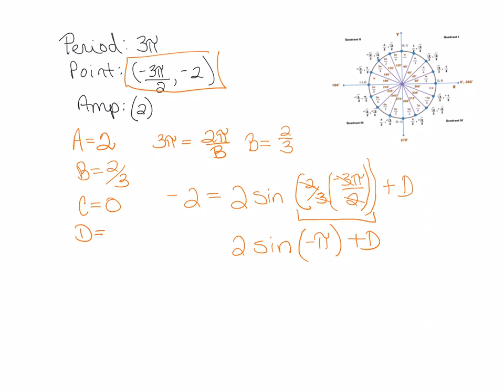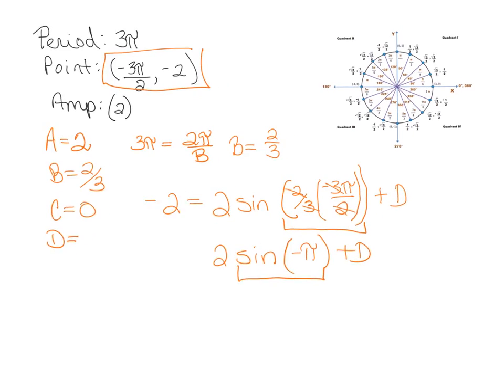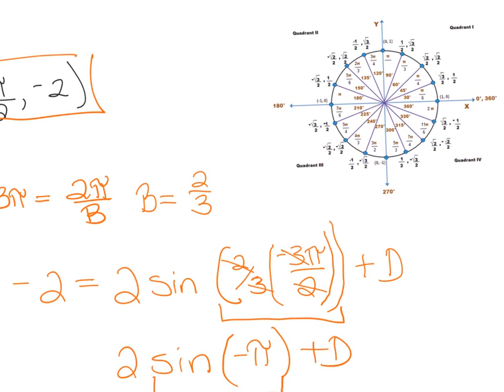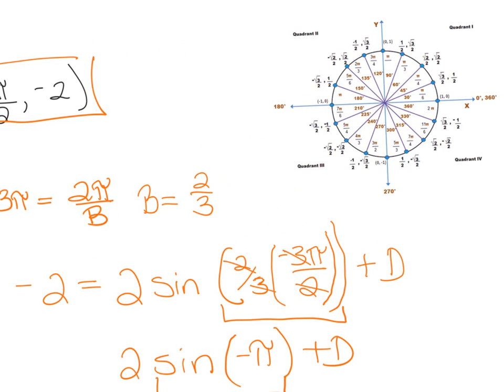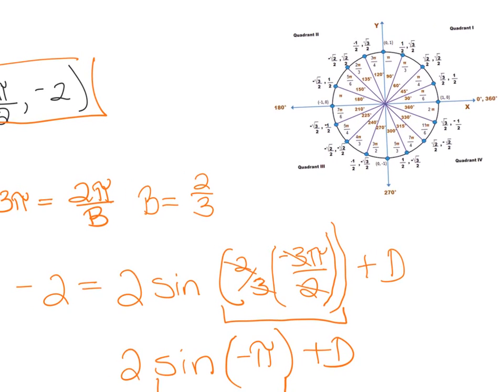So here is where we need to go look at our unit circle and see what value of sine is going to go right there. So we need to look at our unit circle and see what we have for a sine value at pi. We're going to go find pi, which is right here, and see what the sine value is at pi.